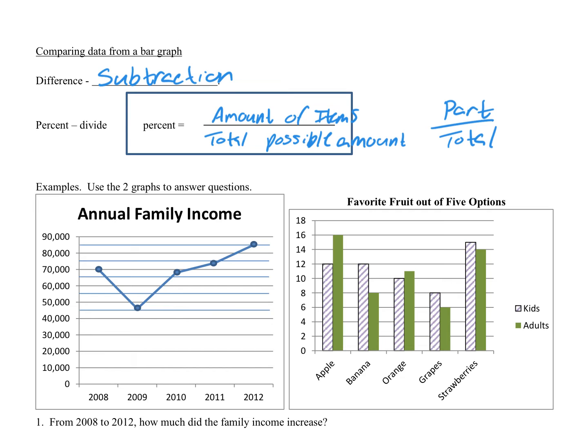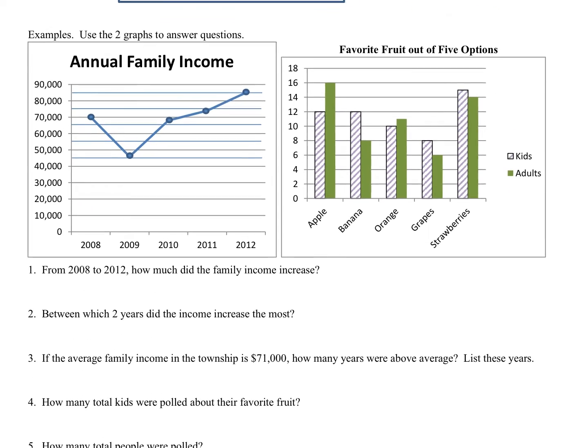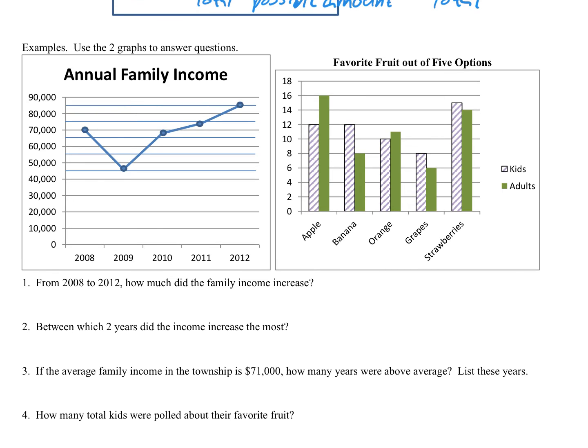Okay, the part is typically something specific. So we're going to look at a couple of different things, a line graph and a bar graph, and we're going to reference some information about them. So our first question is asking us, from 2008 to 2012, how much did the family income increase?